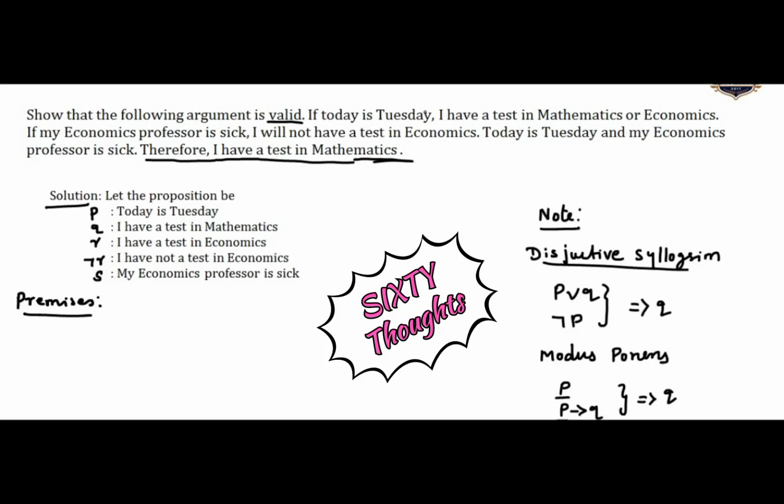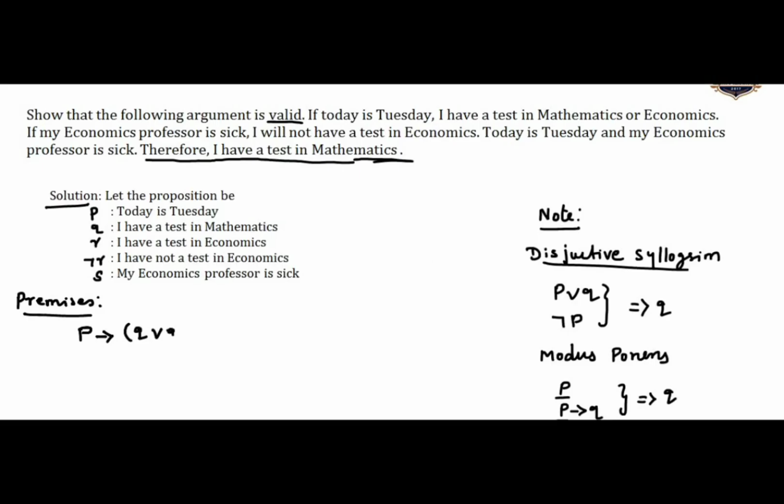This is an if-then statement, so in symbolic form it is P then Q or R. The meaning of this premise is: if today is Tuesday, then I have a mathematics test, otherwise I have a test in economics. This is the first premise.